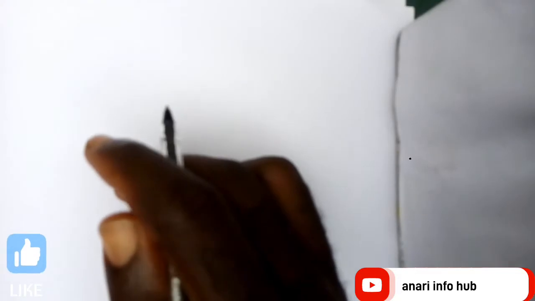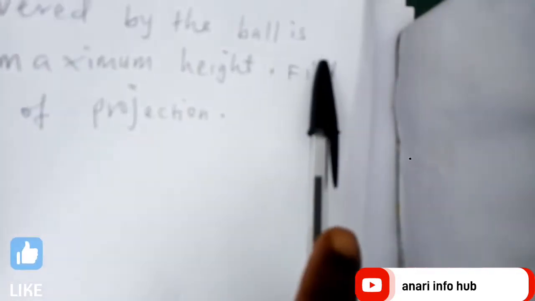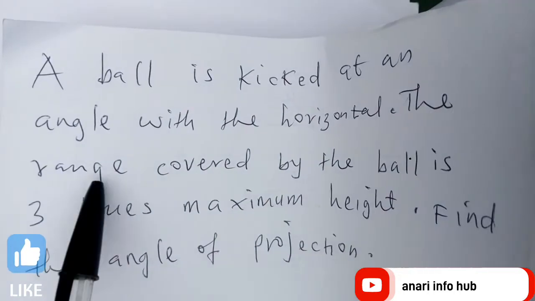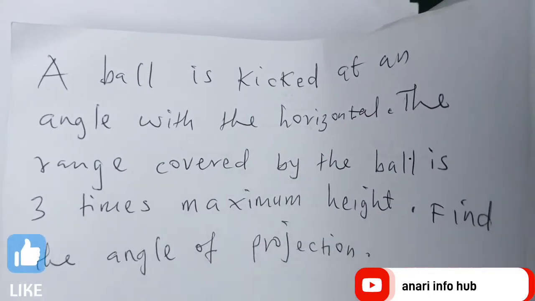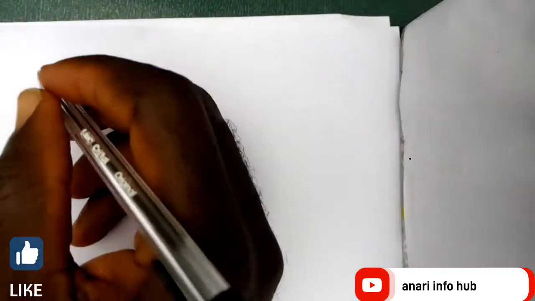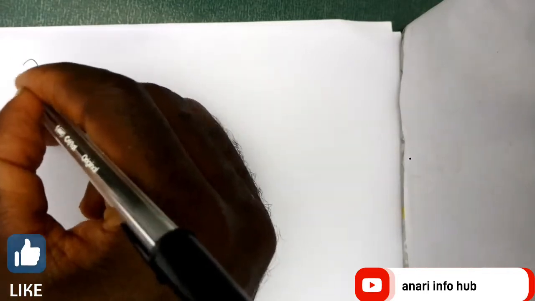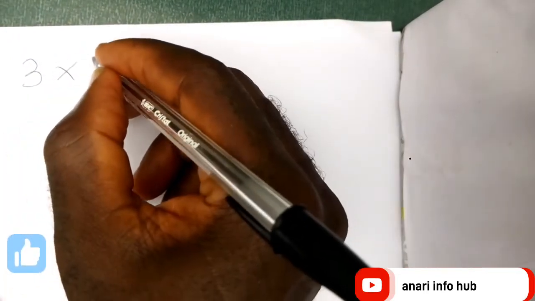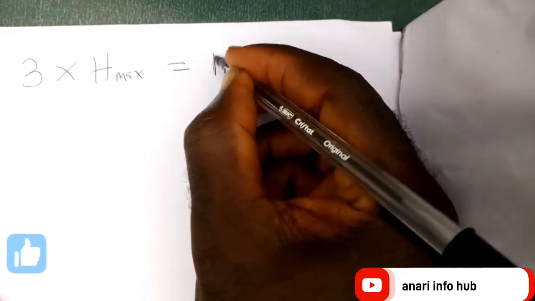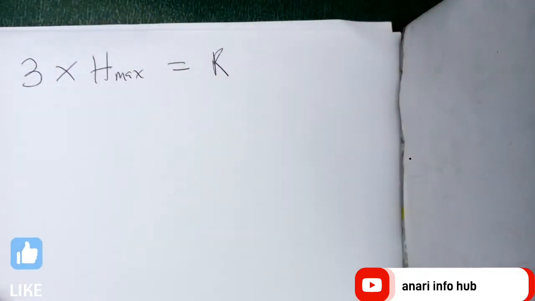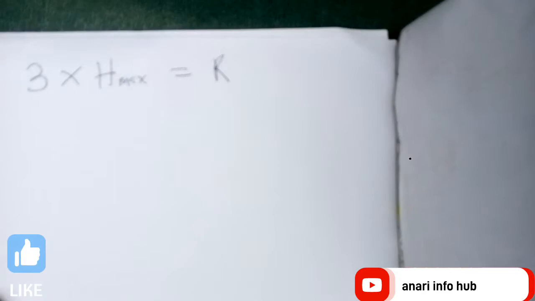So the question says that the range covered by the ball is 3 times the maximum height. This is just the information we were given. So from here, that means 3 times H max is equal to the range.